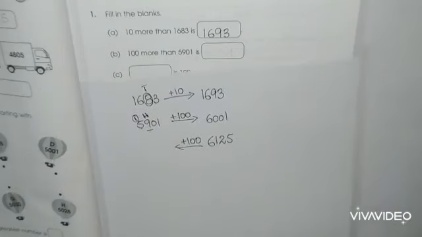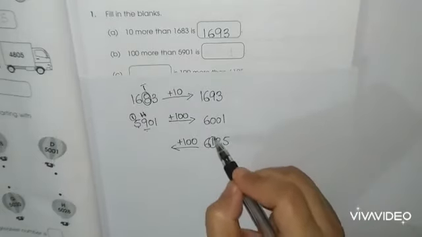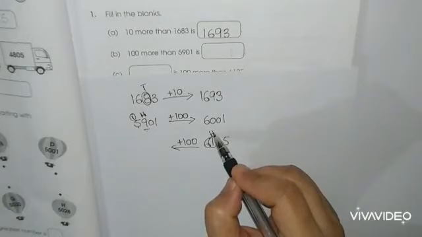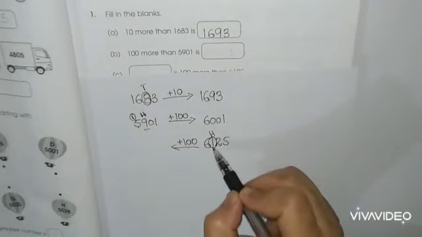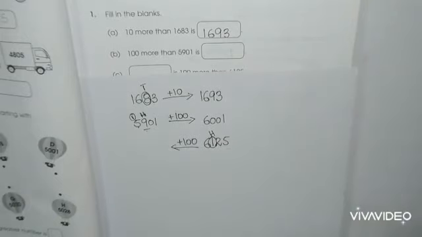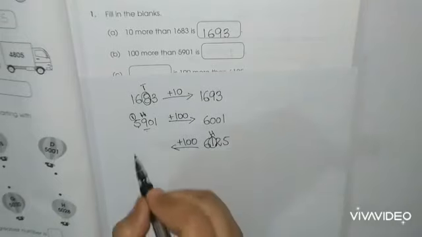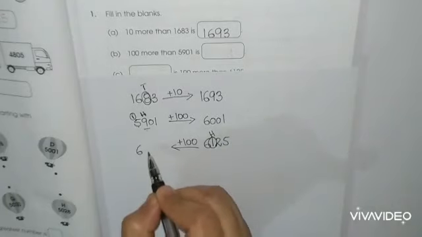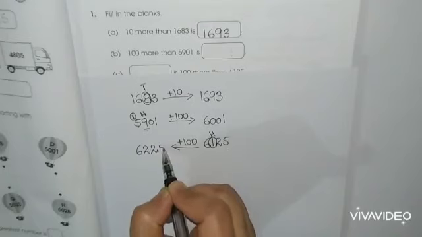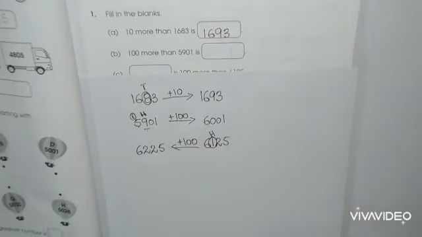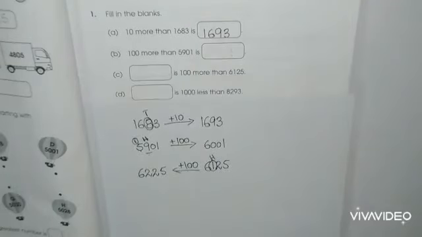This 100 means that there would be a change in the column of hundreds. There is 1 in this column, and when 1 more is added to it, it will become 2. All other numbers will remain the same. Our final answer would be 6225.